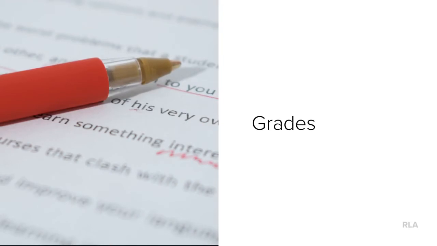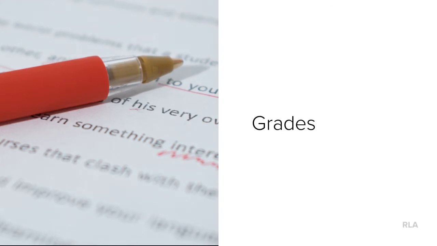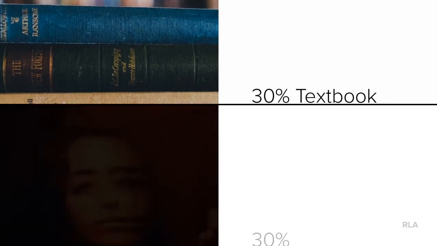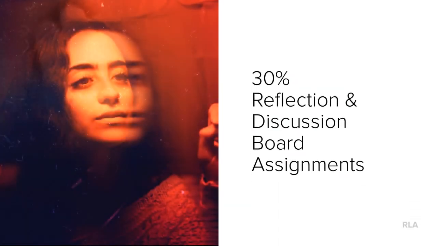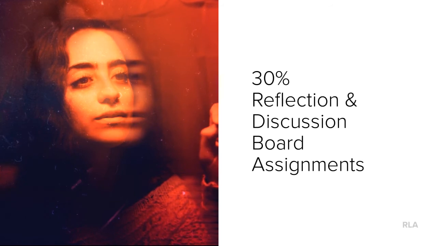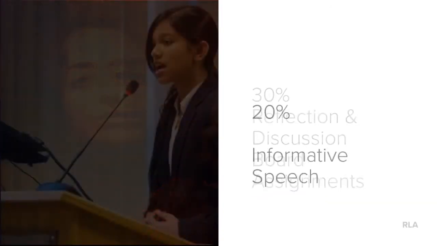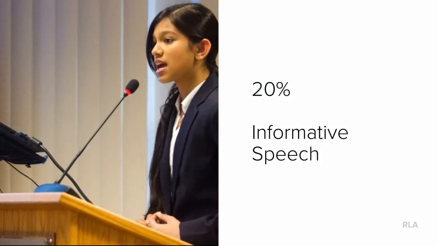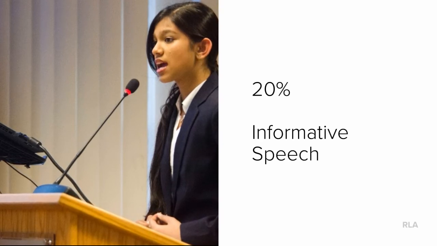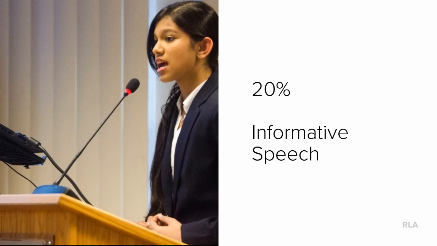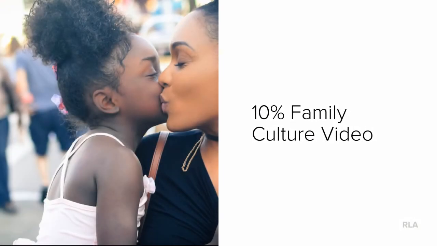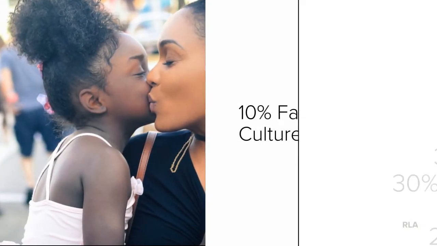So now let's just take a second and look at how your grade is going to come together and be determined in this course. 30% of your grade will be based on the Q&A textbook assignments. 30% of your grade will be based on the reflection and discussion board assignments contained within the learning modules. 20% will be based on your informative speech outline and presentation that you record and upload to D2L. 10% will be your group case study. 10% will be your family culture video.